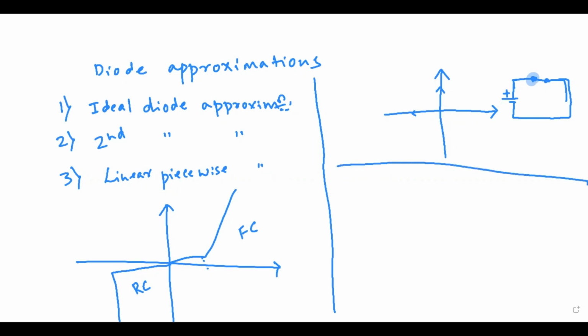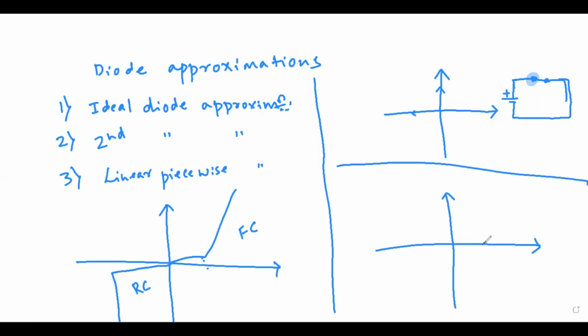The second one is the second diode approximation. In the second diode approximation, the depletion region is considered. It means the diode starts conducting after a certain voltage.